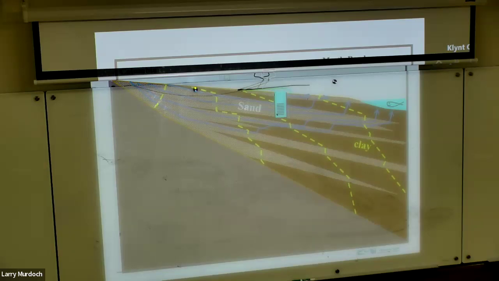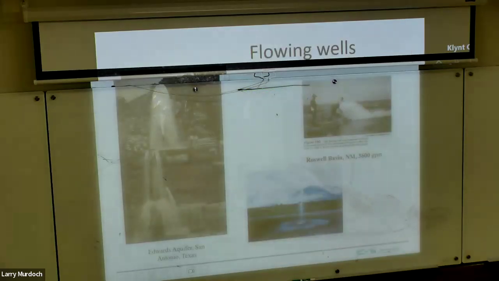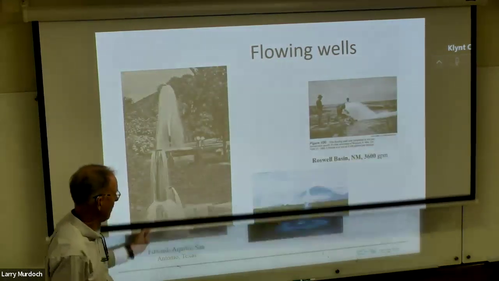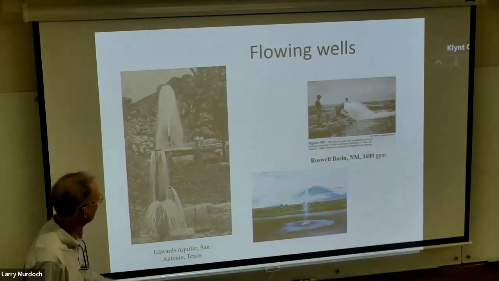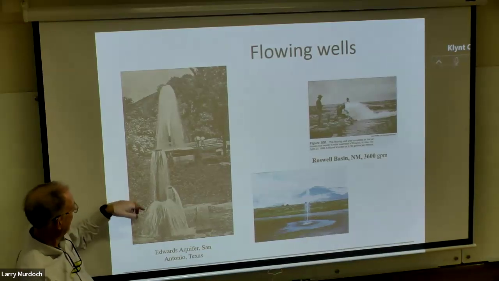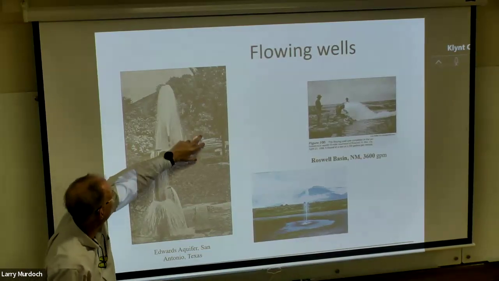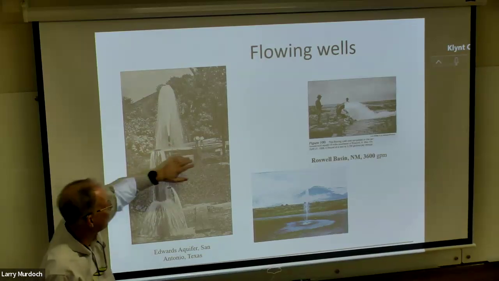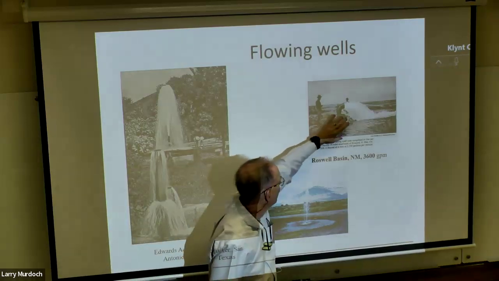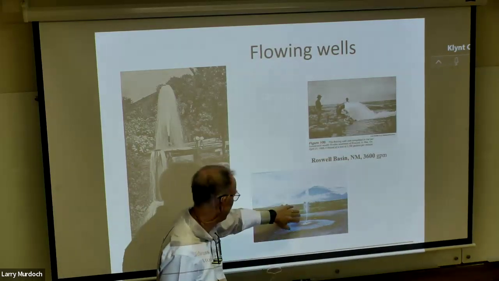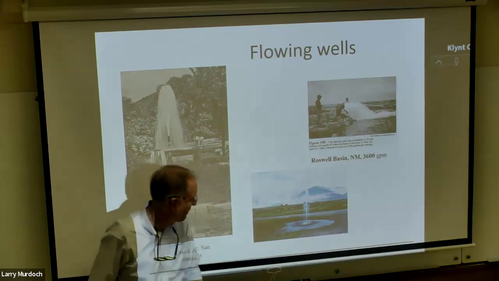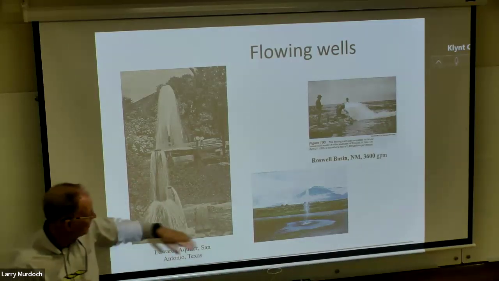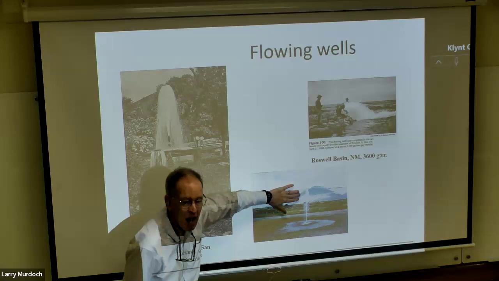And there are wells that flow in the Piedmont, but in the coastal plain, there are more of them and they are bigger. So here's some examples. There's some people there, and you can see big fountains. These are flowing wells. Here's a flowing well. This is out in New Mexico, and this one is, actually, I'm not sure where I found that picture, but it wasn't really showing where it is. But the key thing here is that you see these mountains nearby.